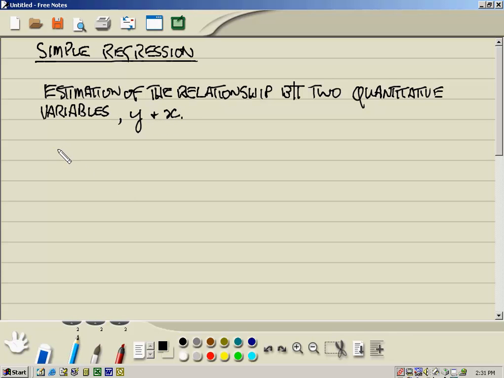In actual fact, we're trying to predict or at least explain the y variable with the help of x.